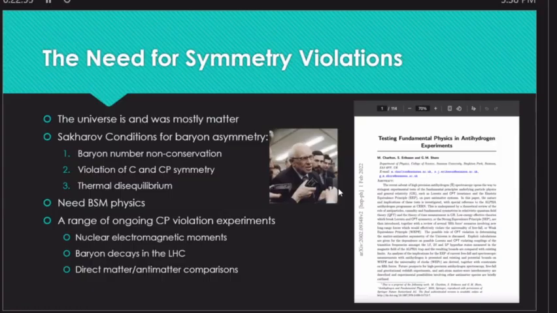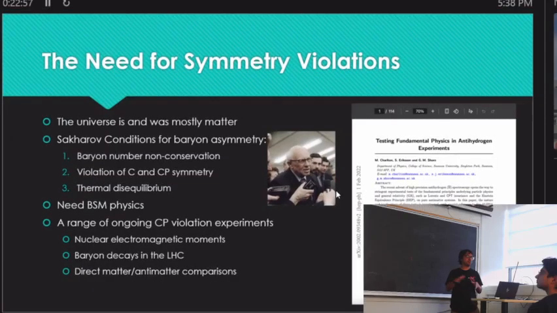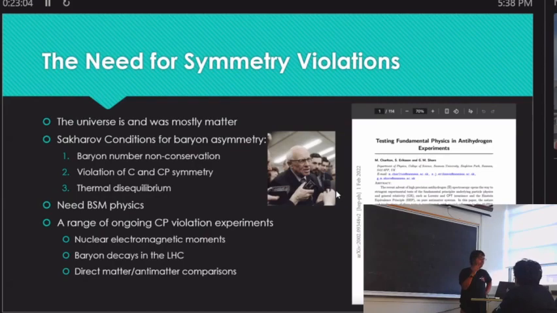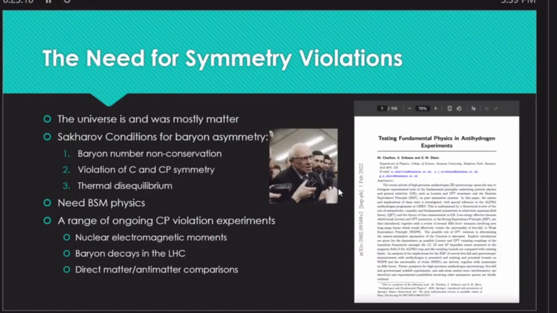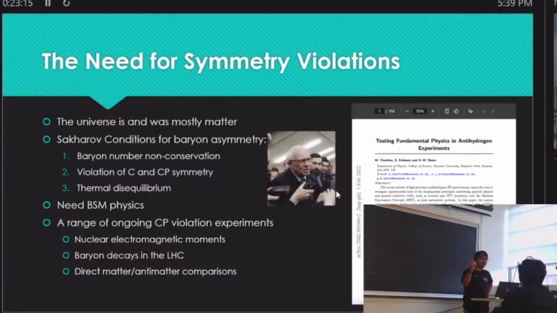And in fact, when we look back to baryogenesis, which is when the protons and such were created in the first second of the universe, based on what we observe, we needed to have like a 1 in 1 billion imbalance between matter and antimatter. So 1 billion antimatter particles and 1 billion and 1 matter particles. Most of them annihilated, but the leftovers are what we see today. And so it's kind of a problem to figure out where this asymmetry came from.